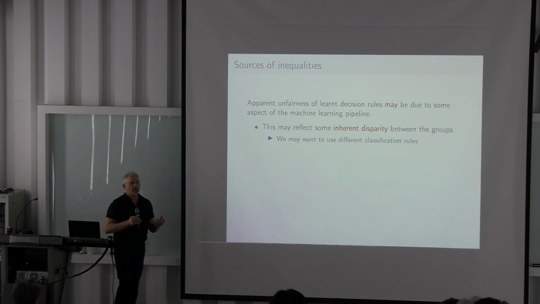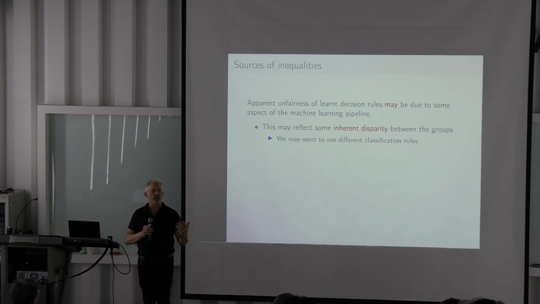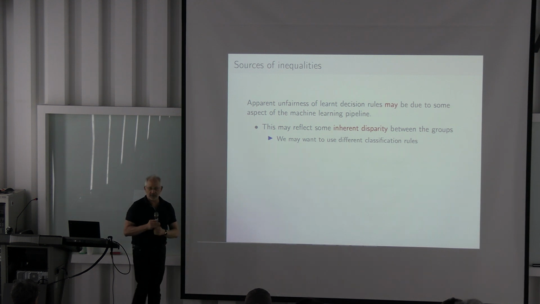For example, in order to accept students, we ask them if they did any voluntary work or community work during high school. But in some neighborhoods, they don't have a chance to do community work. So by using this feature, I'm discriminating against populations that came from an area where they didn't have this option. So we may need to use different classifiers for different groups, and not use the same classifier for everyone.